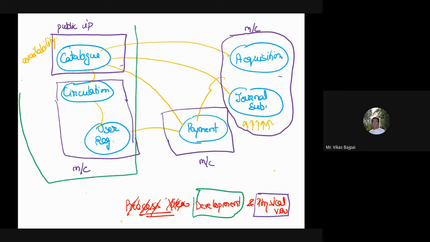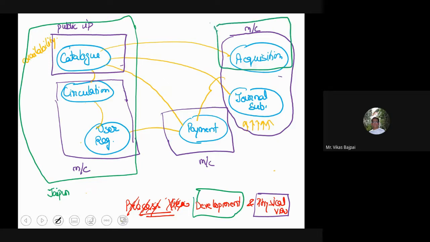In case of the development view, what we will say is, let us develop these modules in our company office in, let's say, Jaipur. Let us develop this module in our company office in Bangalore, and we can specify the team as well, right?